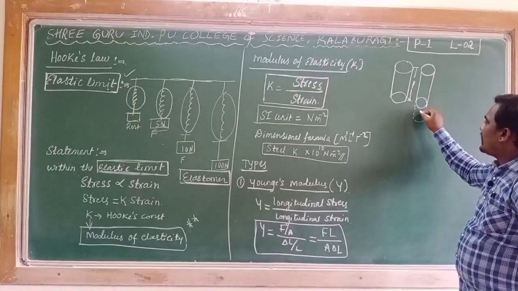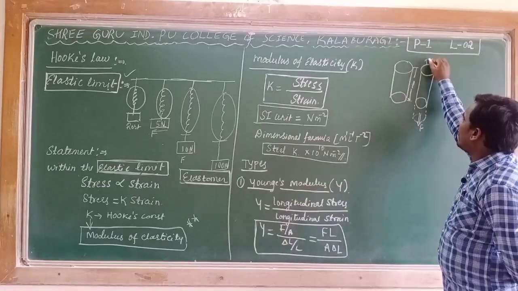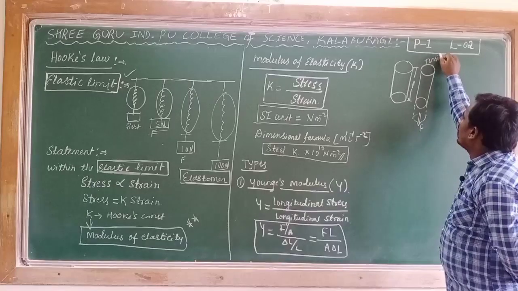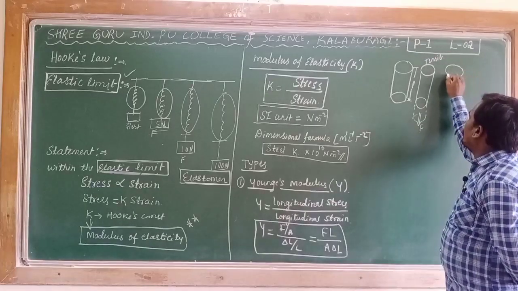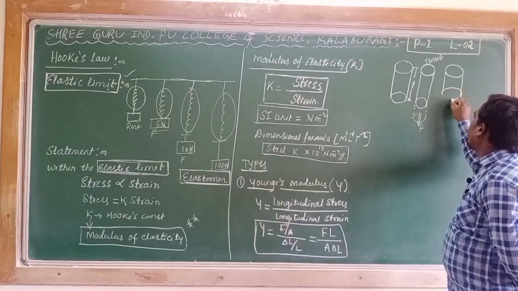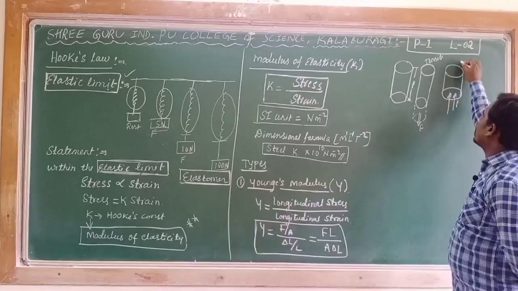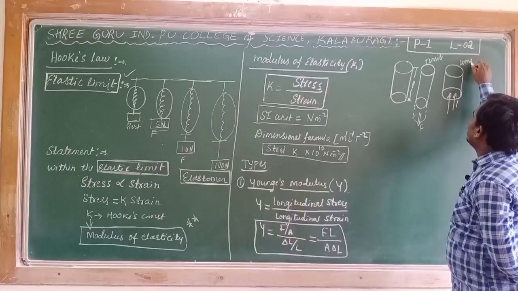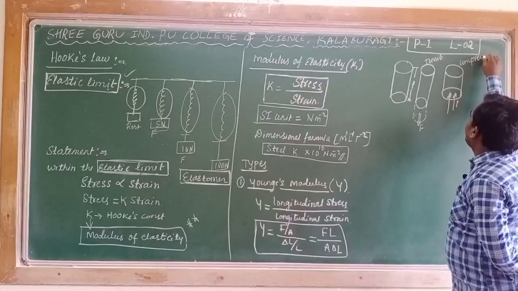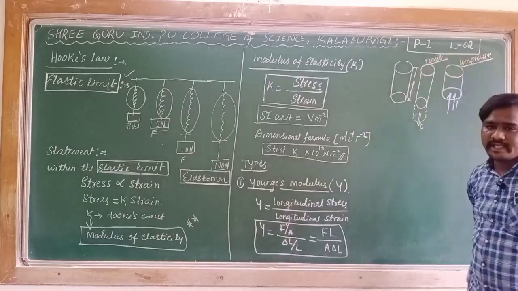If the length increases along the direction of applied force, we call it tensile stress. And if the length decreases along the direction of applied force, this is called compressive stress. Already we discussed these things.